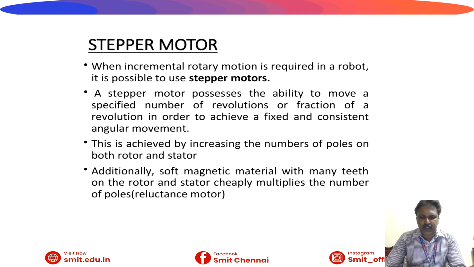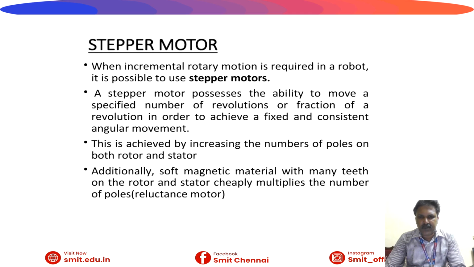I will repeat once again. The stepper motor possesses the ability to move the specified number of revolutions or fraction of a revolution in order to achieve a fixed and consistent angular movement. This is achieved by increasing the number of poles on both rotor and stator.